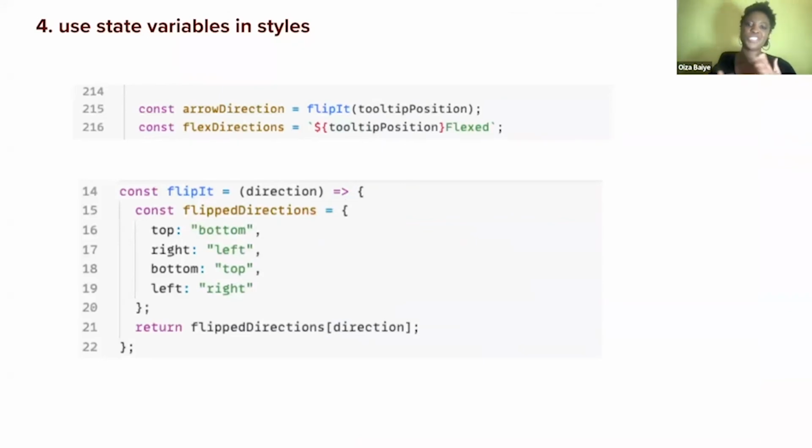Then here's how we would use the tooltip position for the arrow direction. Not going to focus too much on this, but we also create a variable flex directions, which we end up using as a class name in the tooltip render. And that corresponds to certain styles that we have in a tooltip.less file.